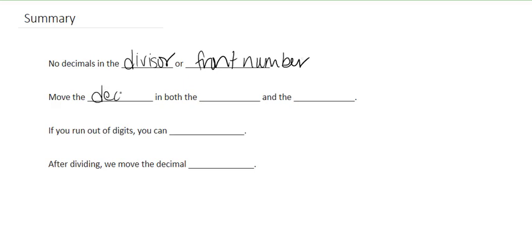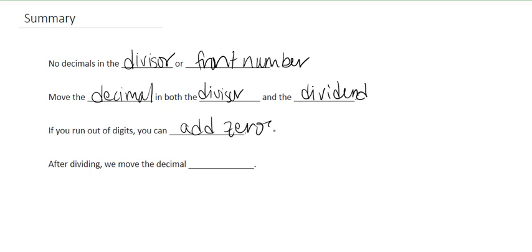And if we run out of digits, then we can add zeros behind the decimal in the dividend because we do not want any numbers left over. And after dividing, we move the decimal straight up.